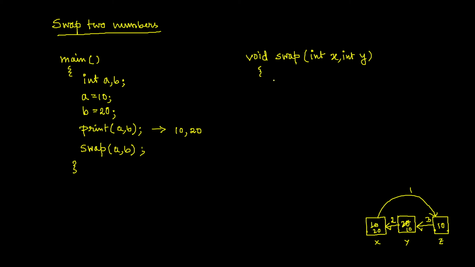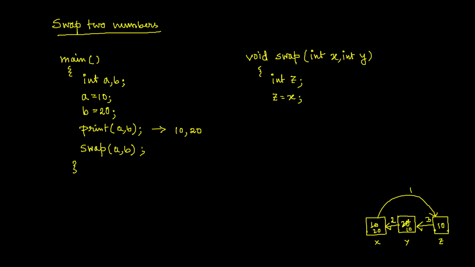So here I can put int z and write a very simple 3 lines of code: x will go to z, y will go to x, and z will go to y, something like that, right? So x going to z means I can write z equal to x.